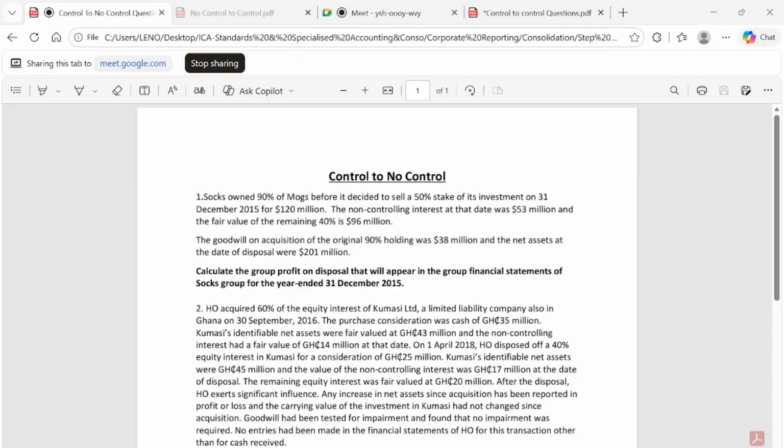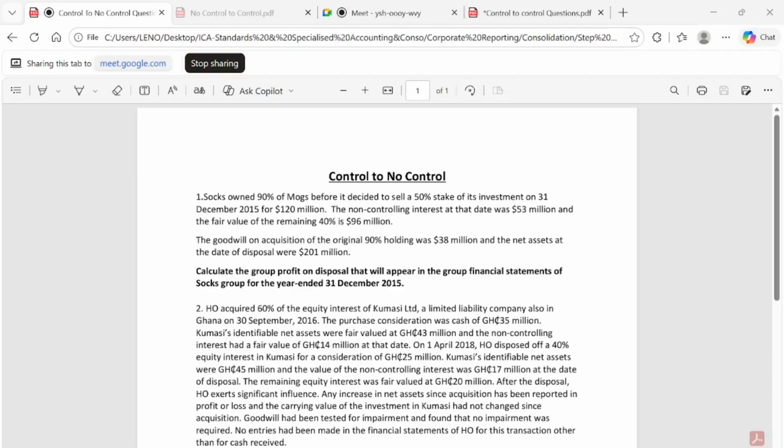It tells you that the non-controlling interest at that date was 53 million, and it has gained in value to 96 million at the instance of the remaining 40%.